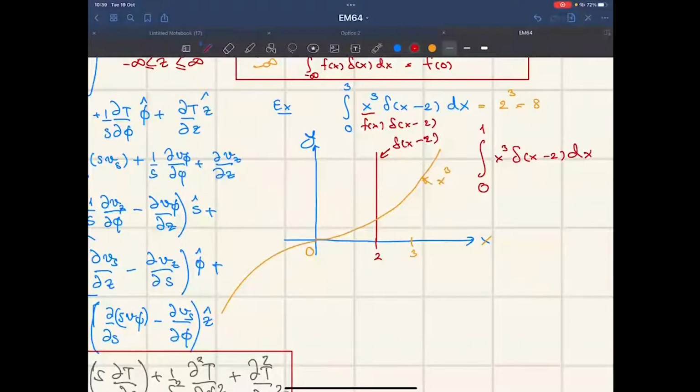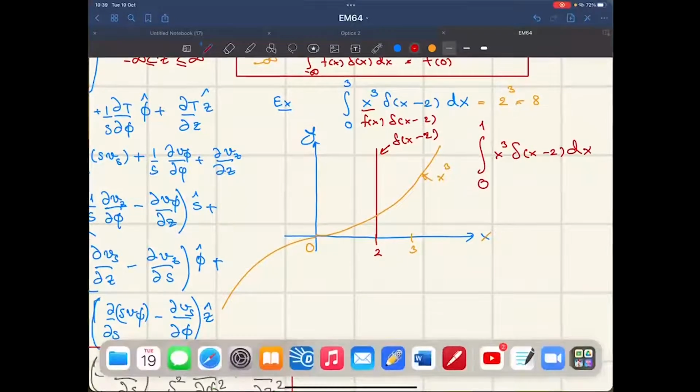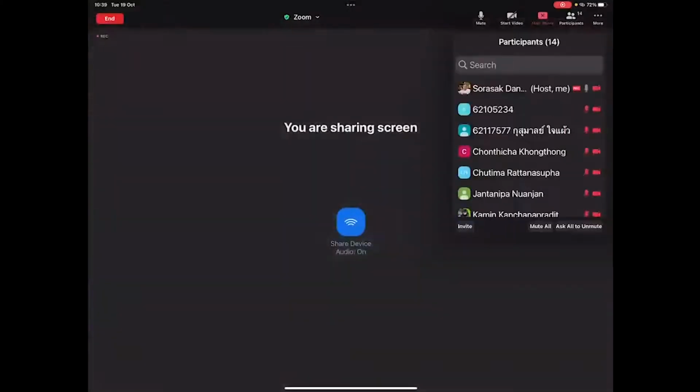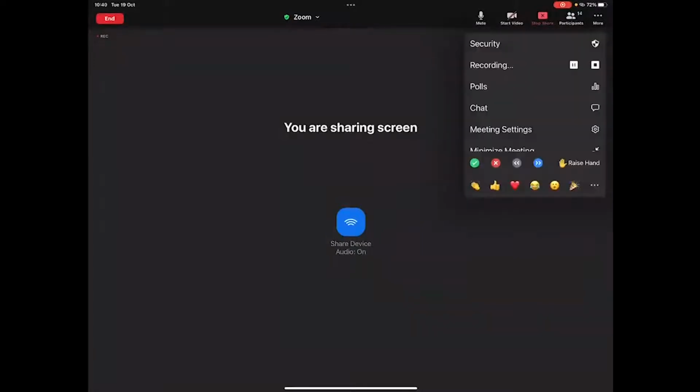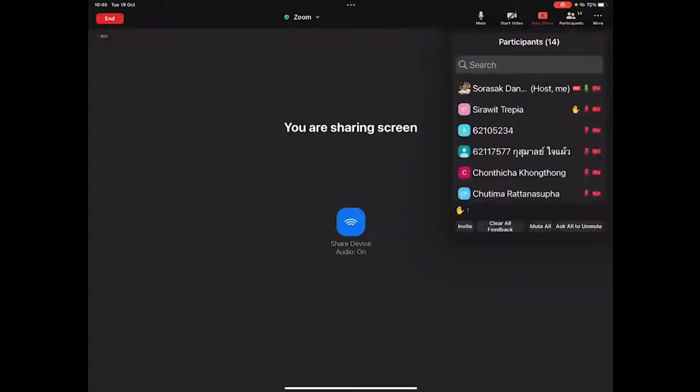Okay, now you can raise your hand. Who thinks it's 0? Let me check who raised your hand. Who thinks it's still 8, 2 to the third? No one raised your hand. Okay, Silvit, what do you think?